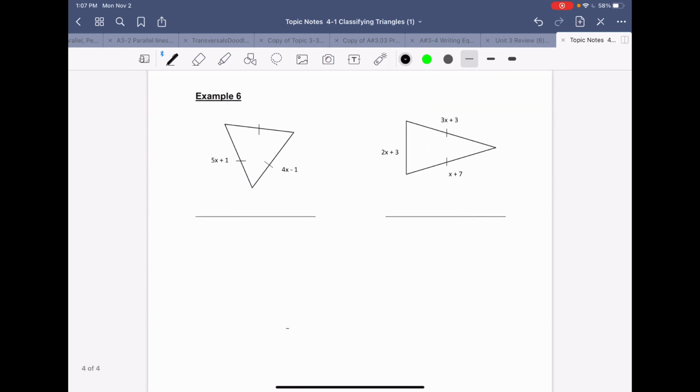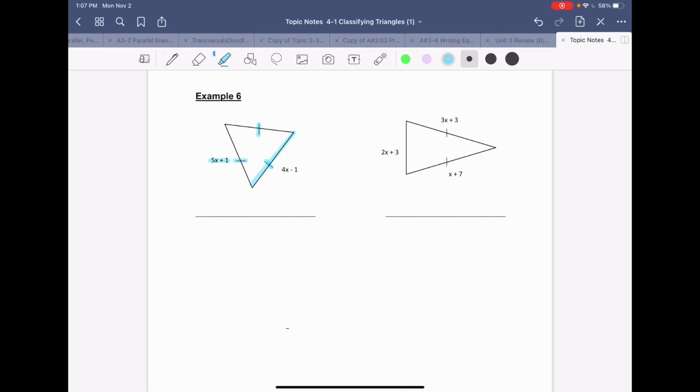All right, so let's get into actual algebraic expressions. So in example 6, we have a triangle that has 3 congruent sides. So that means it is an equilateral triangle. Well, our agenda here is to find x and then the value of one side, because we only need one side since all the sides are congruent.